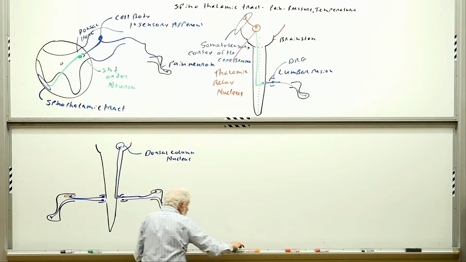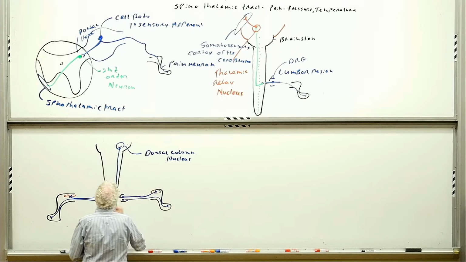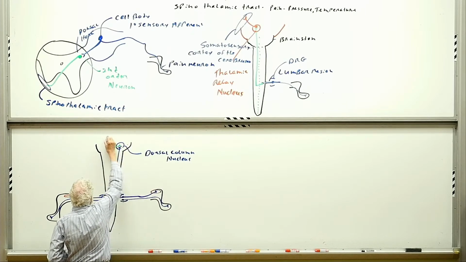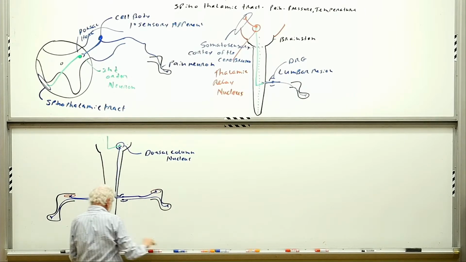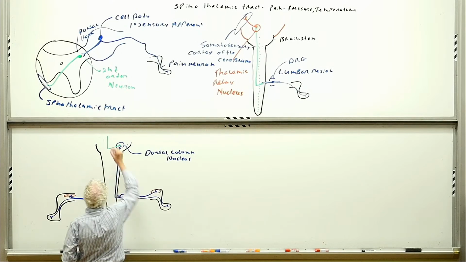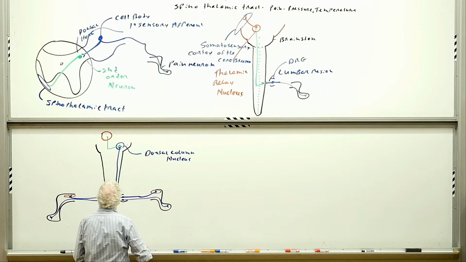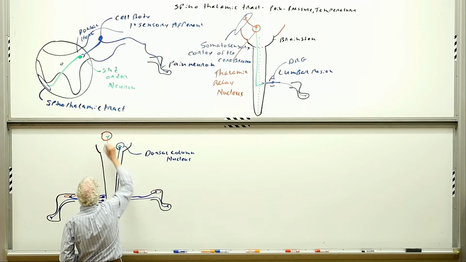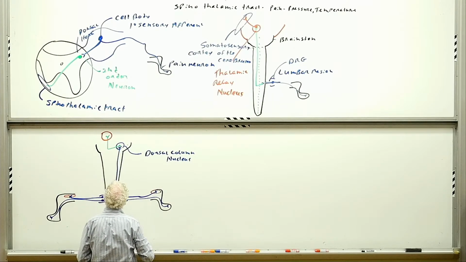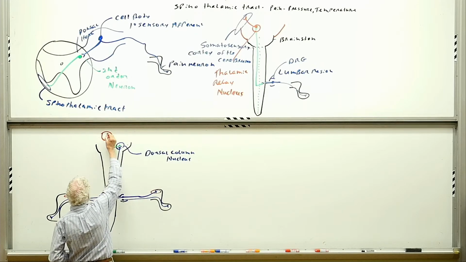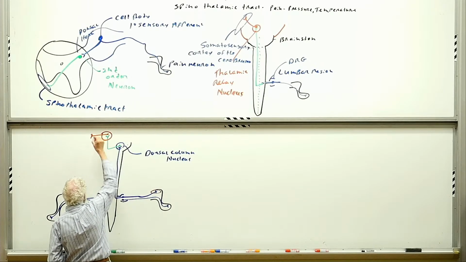Now, I'm just going to show it for one of these. Then there's the medial lemniscus that crosses over and ascends the cord to the thalamus, where it synapses onto a third order neuron. This is going to get busy enough, so I'm not going to draw in all of those sites.